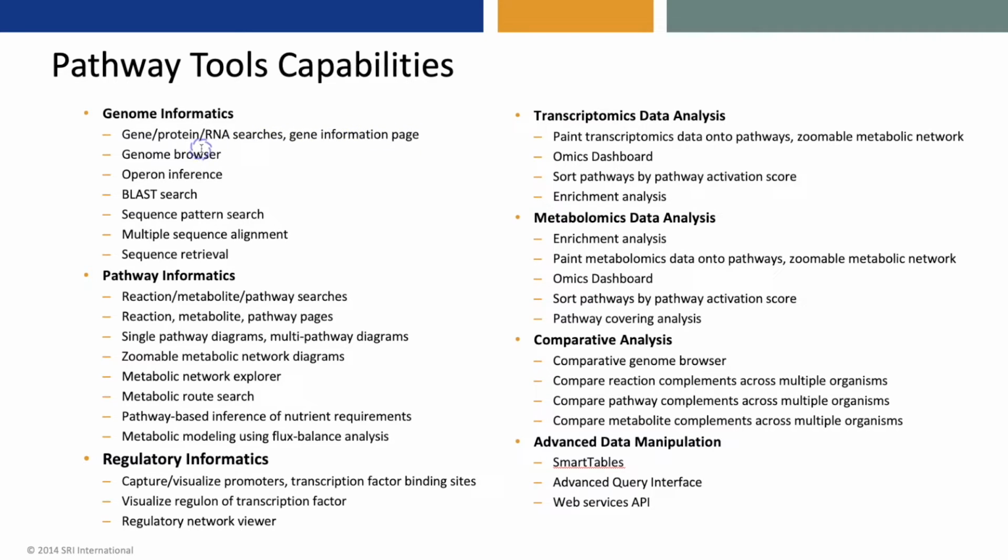We have a genome browser, BLAST search, multiple sequence alignment. We have multiple pathway related tools. We have searches for exploring the reactions, metabolites, and pathways present in the organism. We have information pages for pathways, metabolites, and reactions, etc. So all these different tools can be brought to bear to probe the contents of a given MAG.